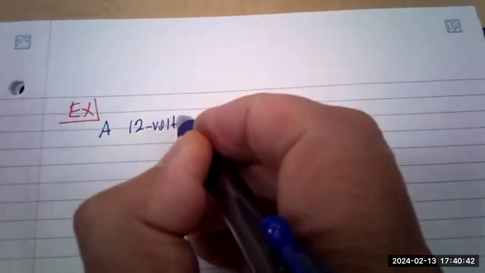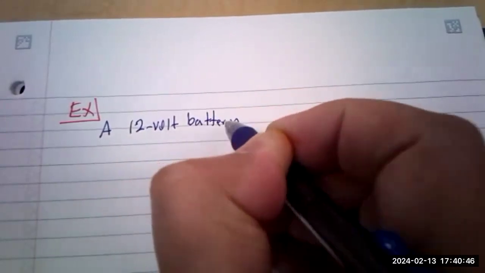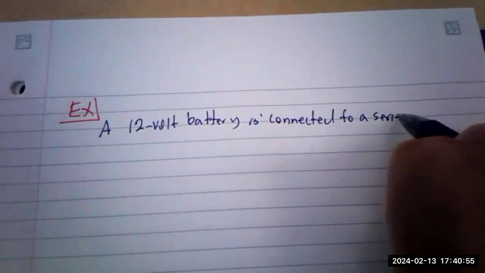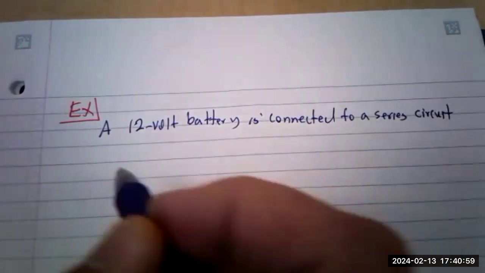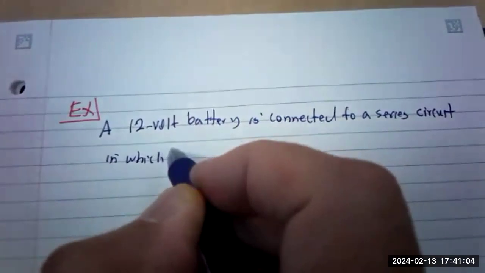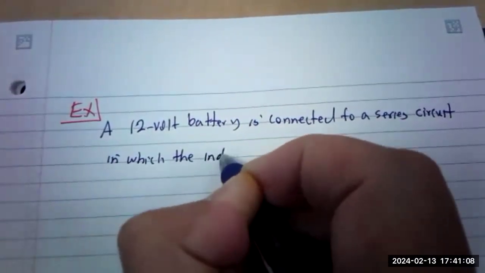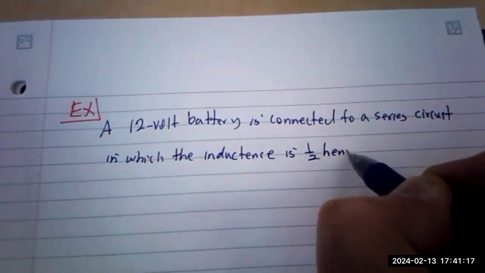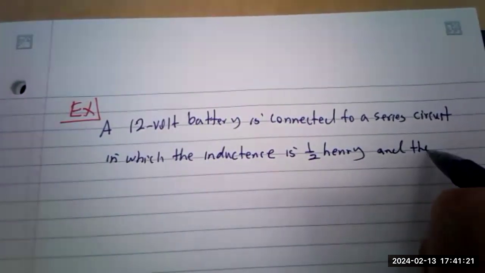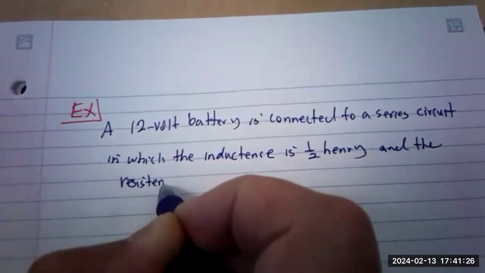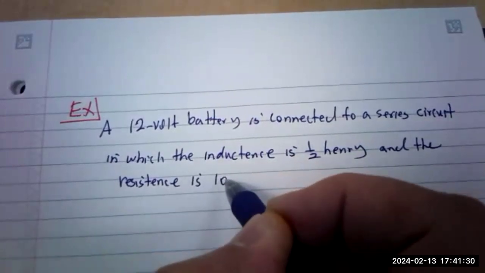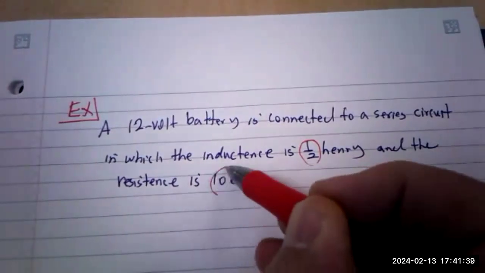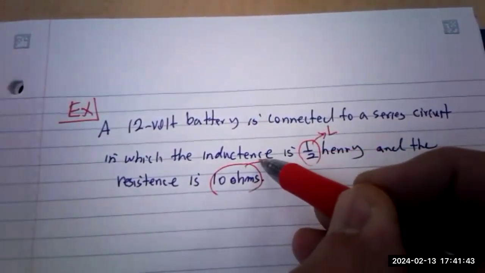Give you that information. The battery is connected to a series circuit, in which you have an inductor, where the inductance means L. Inductance is 1/2, the measurement is Henry, 1/2 Henry, and the resistance means R. The resistance R is 10 ohm, and this is going to be the unit for R. So this is going to be L, this is going to be R.